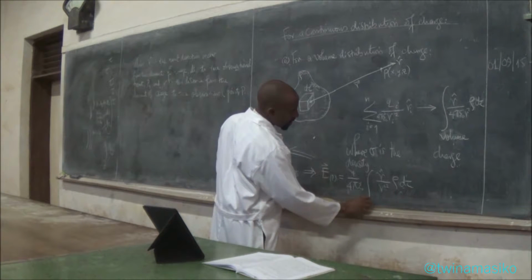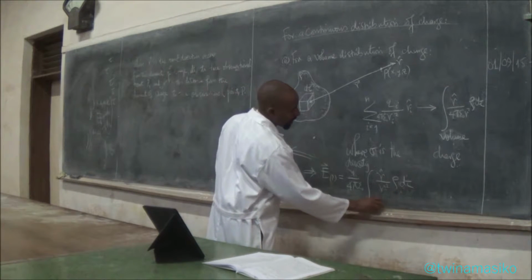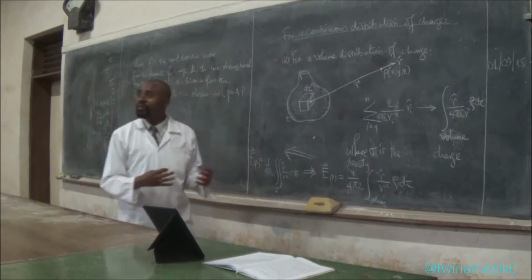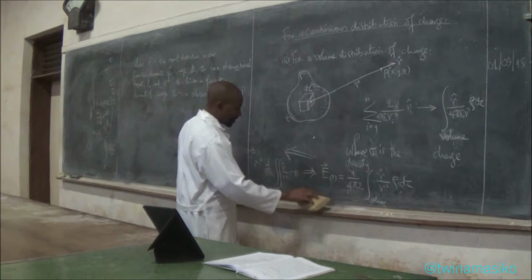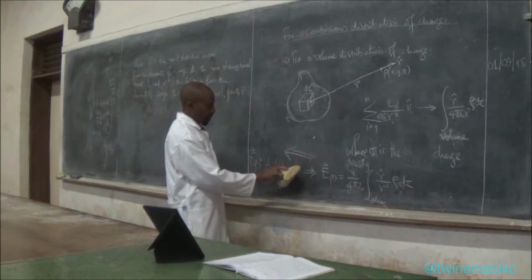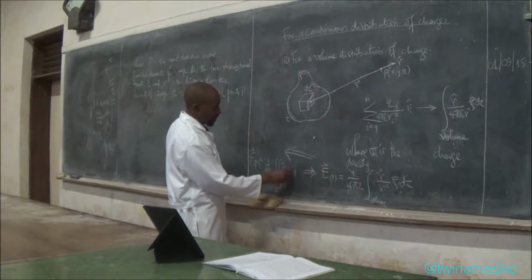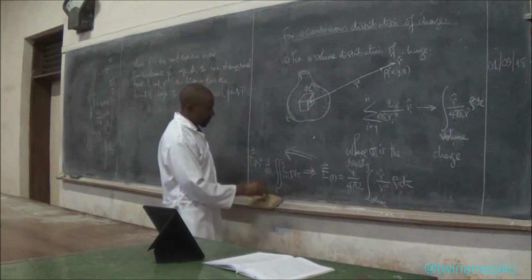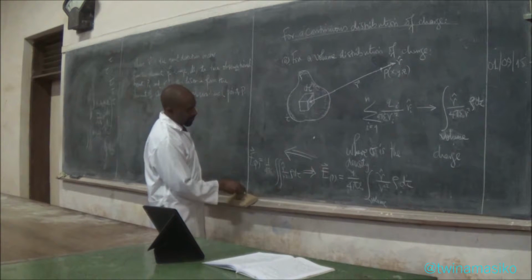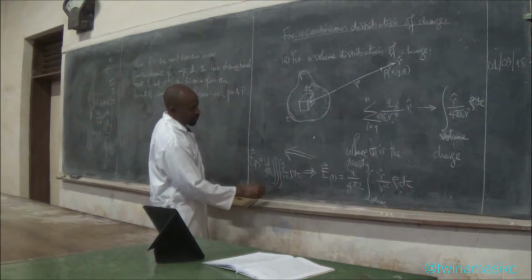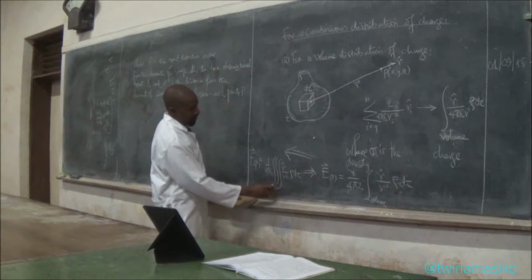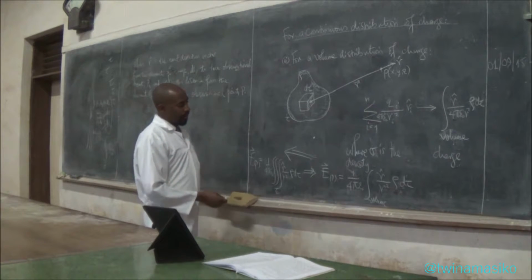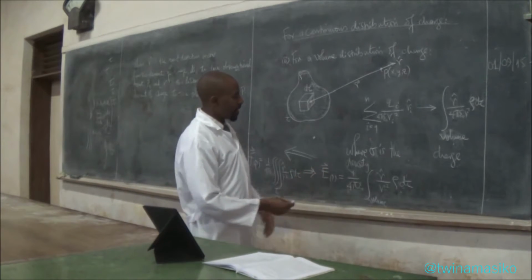I'm conserving the chalk, but also to show you that there is nothing changing apart from looking at a different distribution. So this is rho d tau. You can have this now as a triple integral over tau. And then any other part I haven't changed.